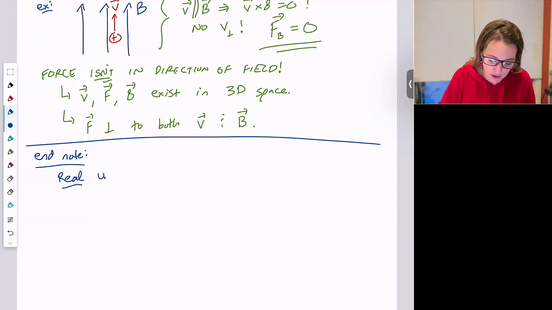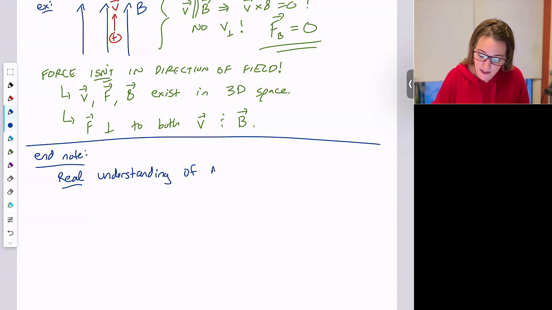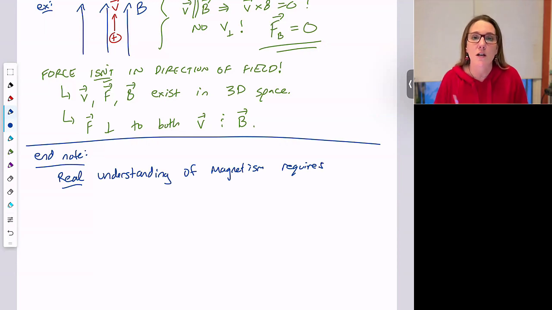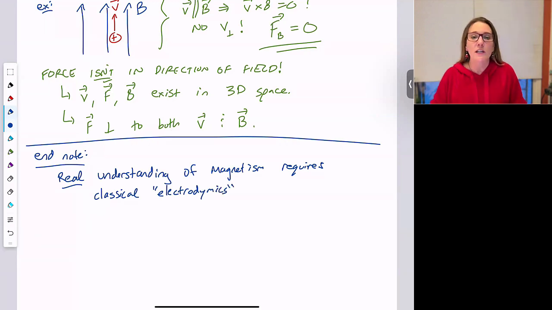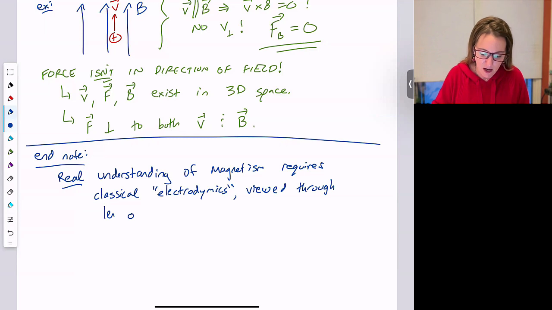So a real, deep understanding of magnetism requires not just this kind of picture, a classical understanding of the force. It requires not only this idea of what we're covering here, which I'll call classical electrodynamics, but viewing it through a lens of special relativity.